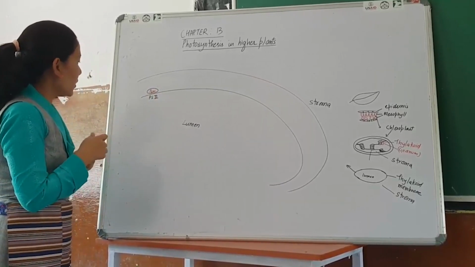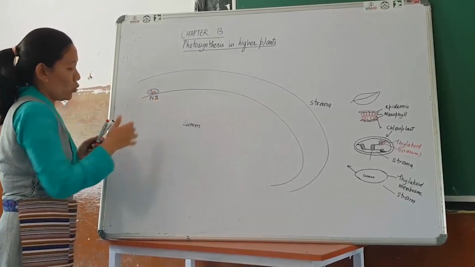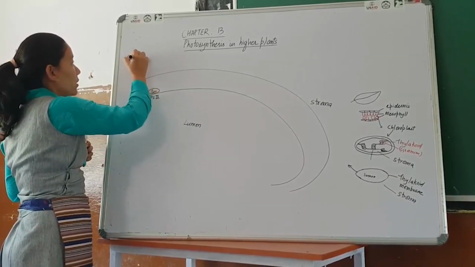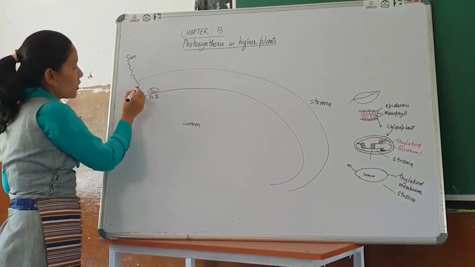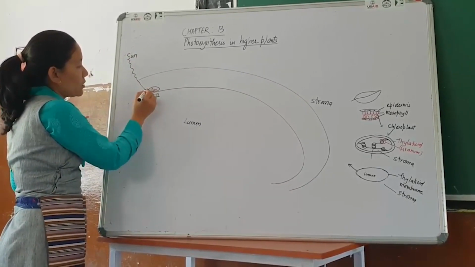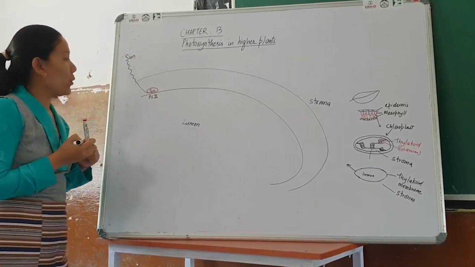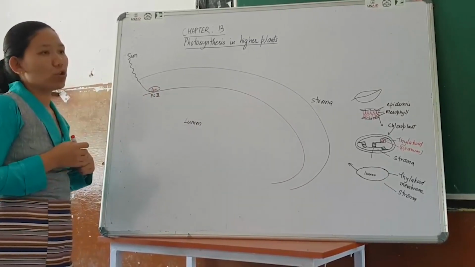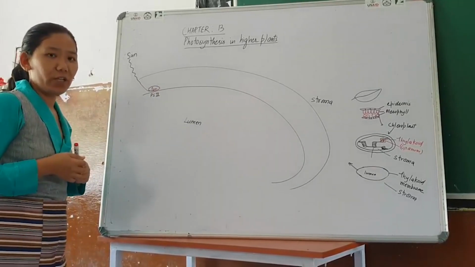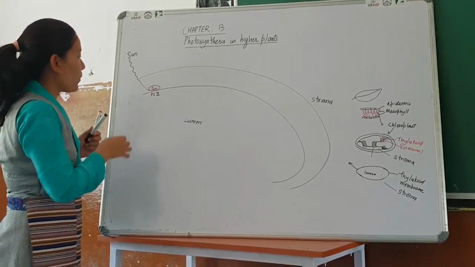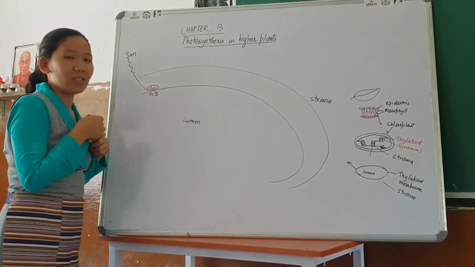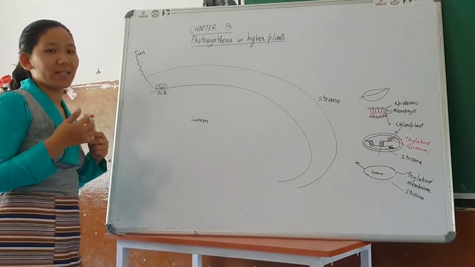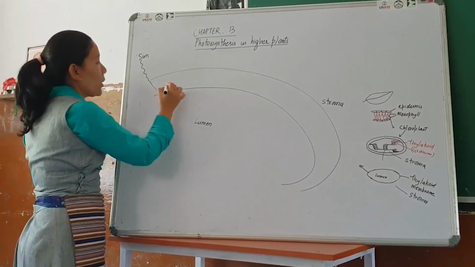Then this PS2 receives the solar energy, sunlight, and the light harvesting complex of PS2 absorbs the solar energy in the visible range of various wavelengths and passes on the energy to the reaction center, that is P680, and when this gets energized, they get excited and lose a pair of electrons.